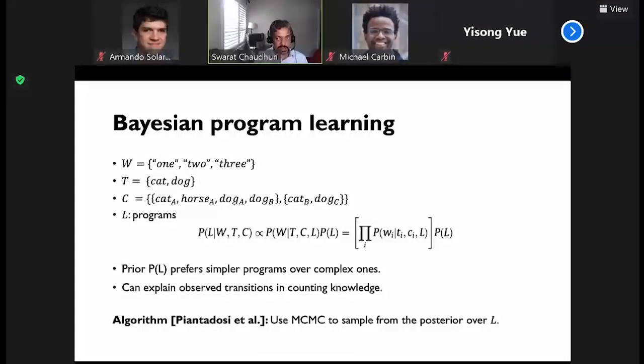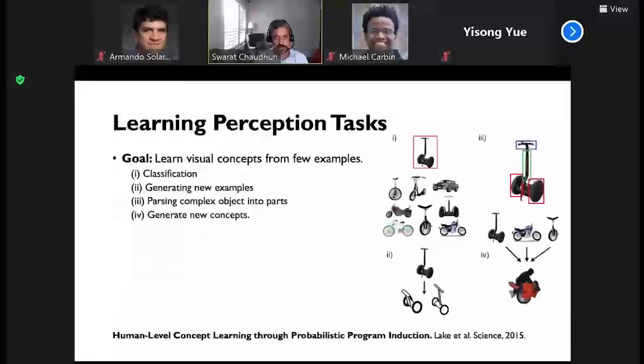And the specific algorithm that they used was Markov chain Monte Carlo. But as I'm going to say in just a little bit, one of our objectives in this project will be to bring in more sophisticated algorithms that are able to scale better to this sort of domain.